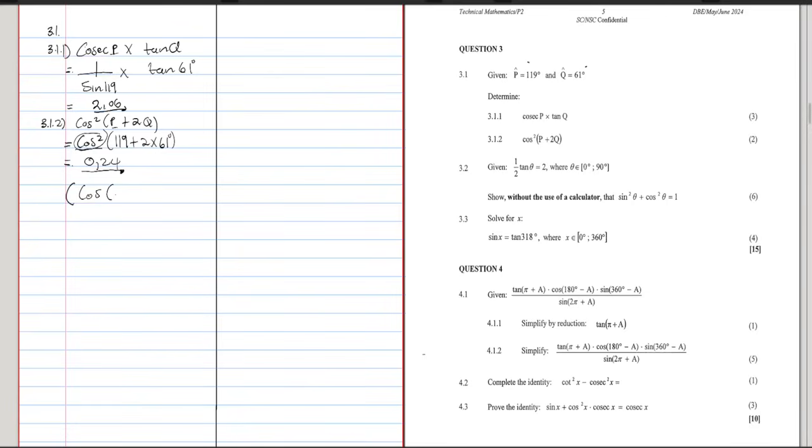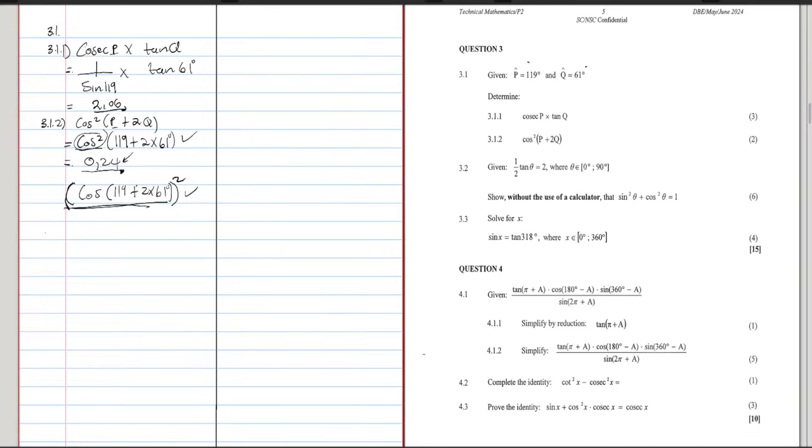After pressing cos, automatically a bracket will open up, and then you say 119 plus 2 times 61, close bracket. Then you close that bracket you initially opened, then you square, then you're gonna get that answer. So this and this, it's one and the same thing, but on the calculator this is how you punch it.